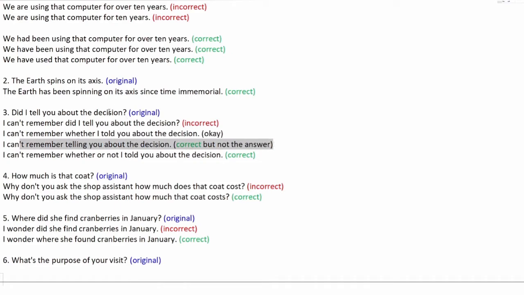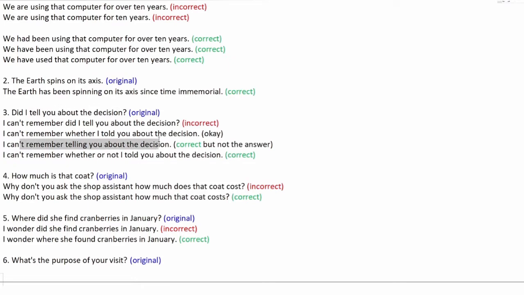Why? Because this is a question, whereas over here, the other person already knows the decision. So again, pay attention and focus on this one. In the original sentence, it's like you're asking that other person, did I tell you about it? You don't know whether or not they know.